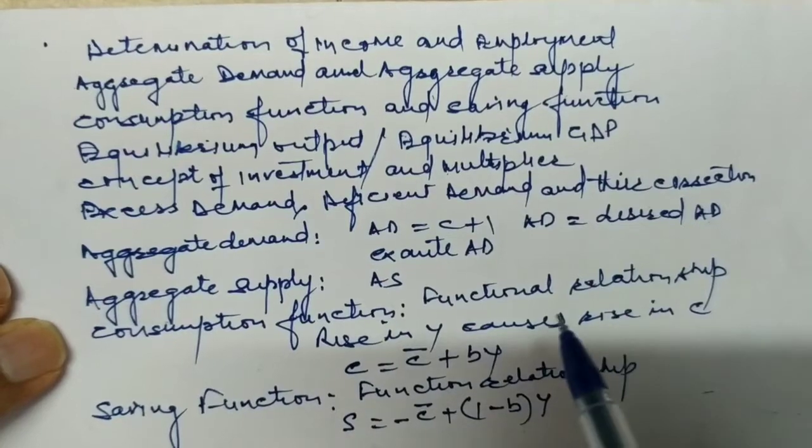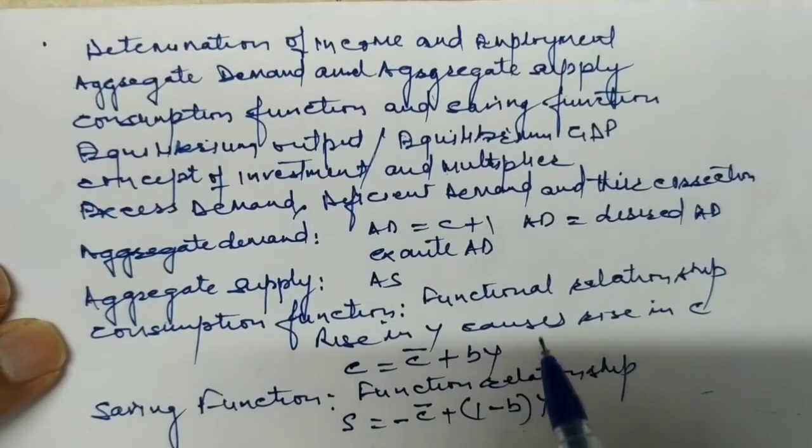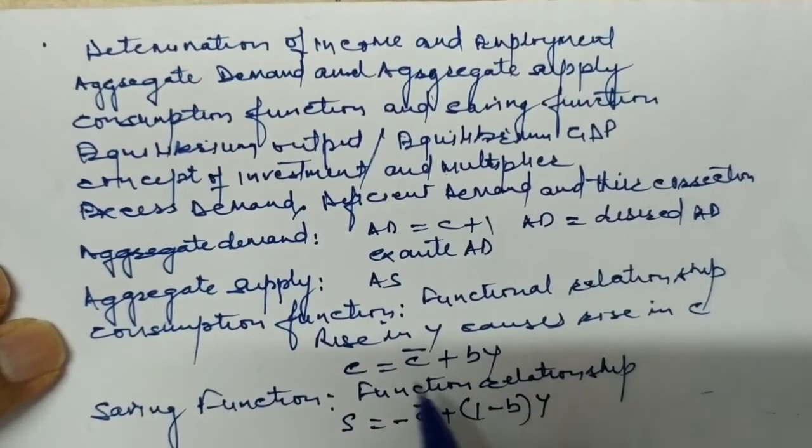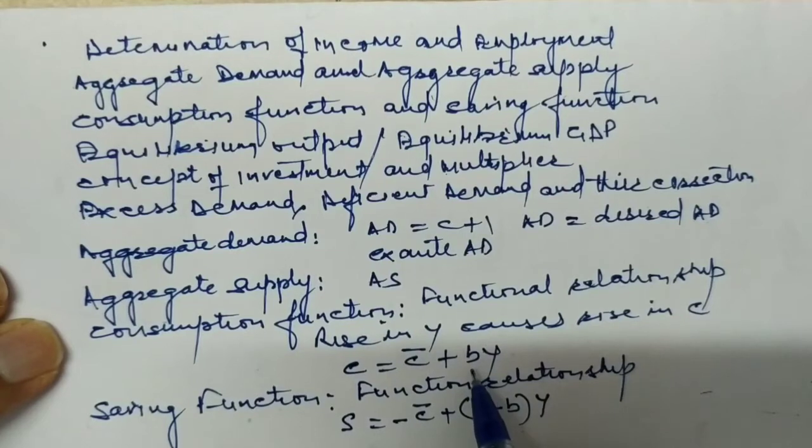So in these statements, C bar stands for minimum level of consumption, b stands for marginal propensity to consume, Y stands for income.